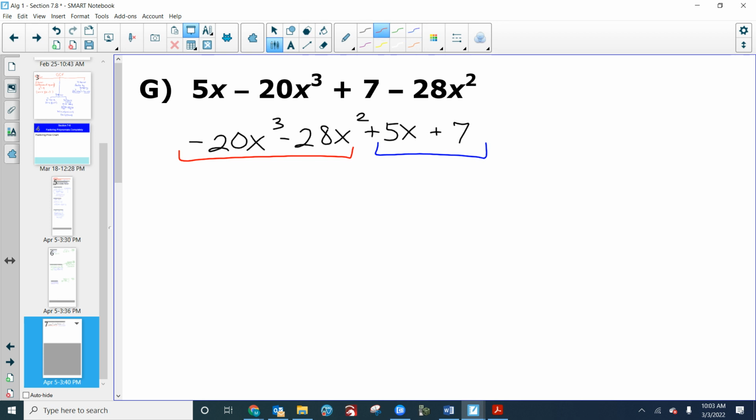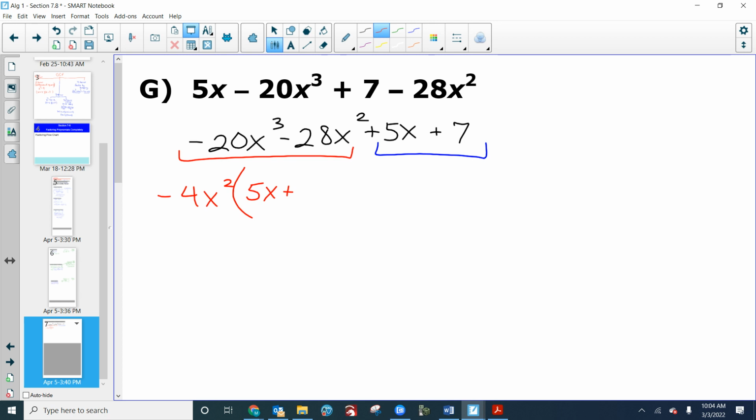What's the GCF in the red terms? How about 20 and 28? What goes into both? Negative 4, I agree. Anything more than 4? So a negative 4, and then an x squared. All right, what's left? A negative 20 divided by a negative 4 is positive 5, and x cubed over x squared is x. Is this going to be a plus or minus? Plus.